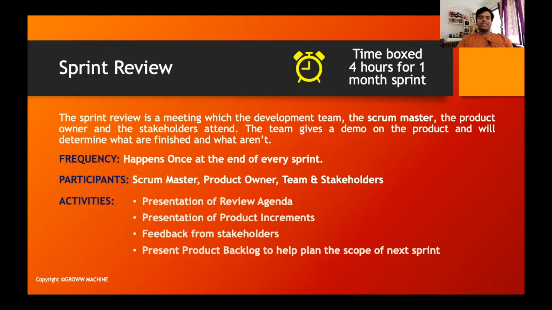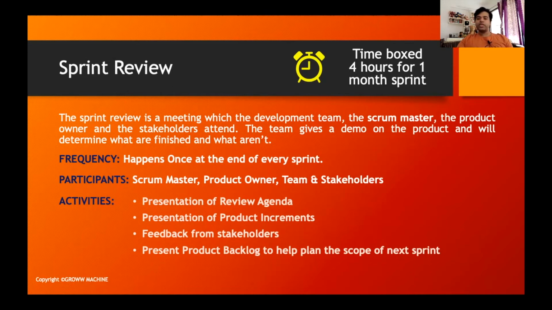Okay, and this is a session which is primarily organized for the stakeholders, because this is the meeting where the entire team, that is the scrum team, which includes the development team, the scrum master and the product owner, basically present the product that they have developed, or the feature they have developed, to the stakeholders and take their approval.